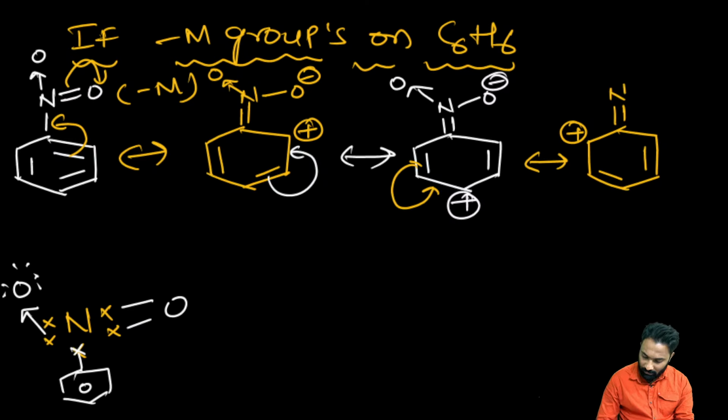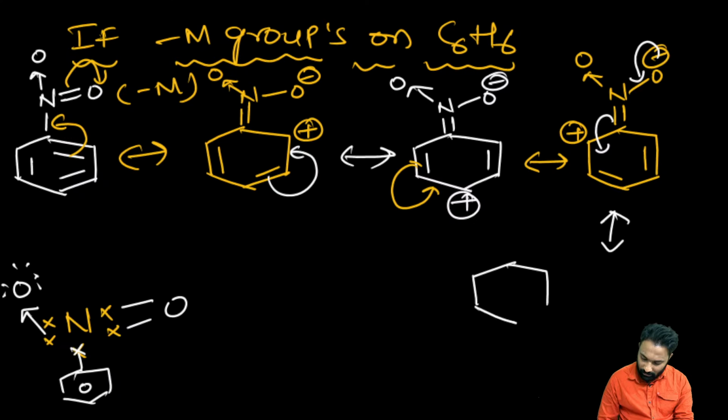Now N, and here it is O minus, and here it is O. Done. Clear. Again to stabilize this carbon, oxygen will be resonated here, and this pi bond will be resonated to the ring. Clear. Again, aromaticity will now be restored.